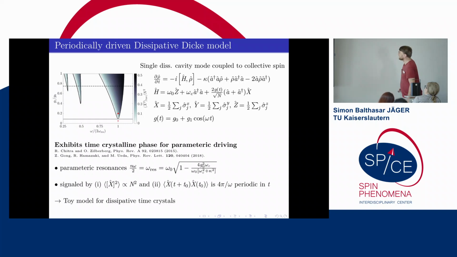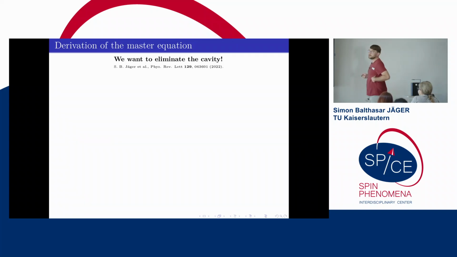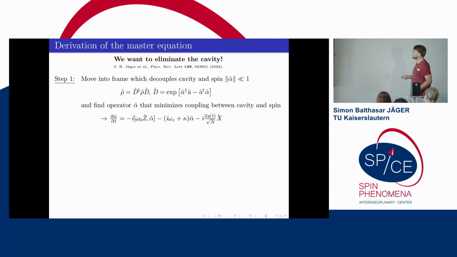Okay. I want to eliminate the cavity, and this is based on some other work that we had, which quite generally predicts Lindblad master equations for such cavity systems, also in the multimode case. But I now focus only on the single mode case. This basically consists of two steps.